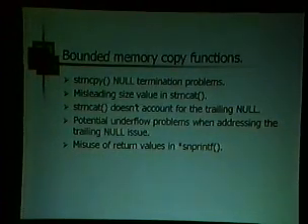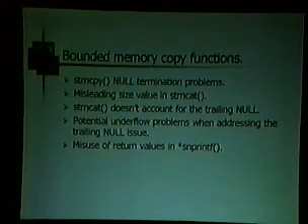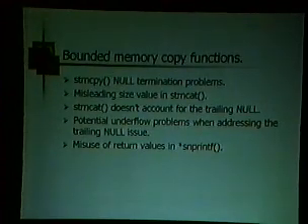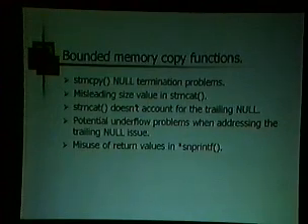So if sizeof buff and strlen of buff are the same thing, then -1 will get passed to strncat as the size value, which will be cast to a huge positive value because it's a size_t type. And finally, there's misuse of return values in snprintf.